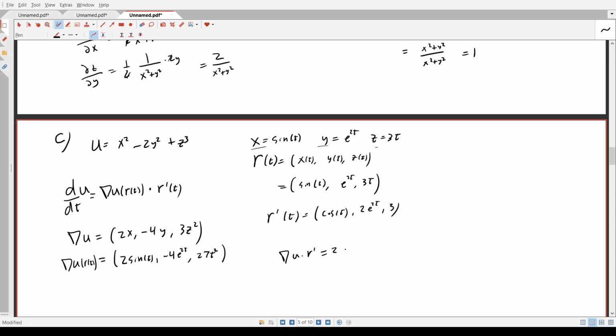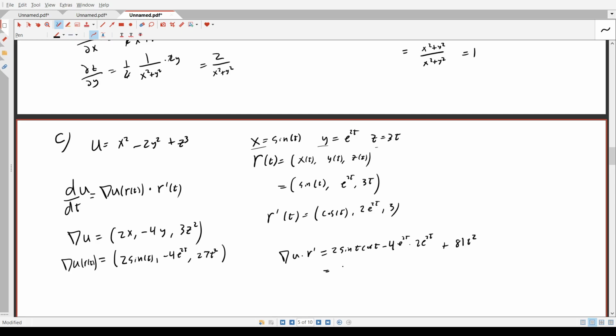So I have 2 sine t cosine t plus, here I have minus 4, so that's a minus already, e to the 2t times 2e to the 2t, plus 3 times 27, that's 81t squared.